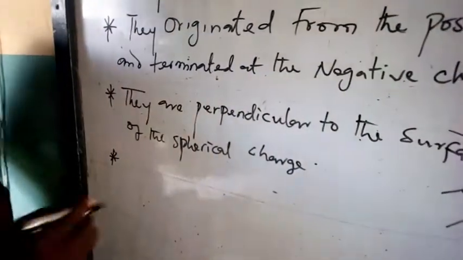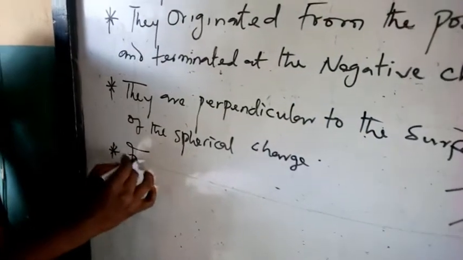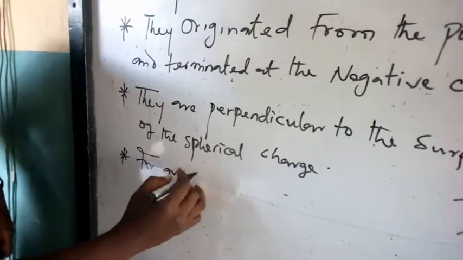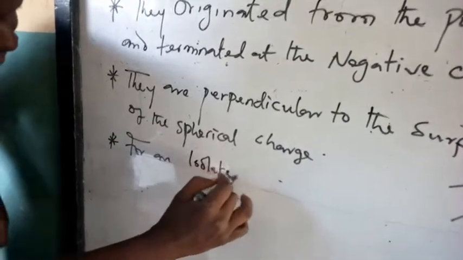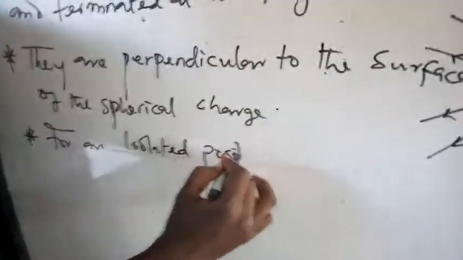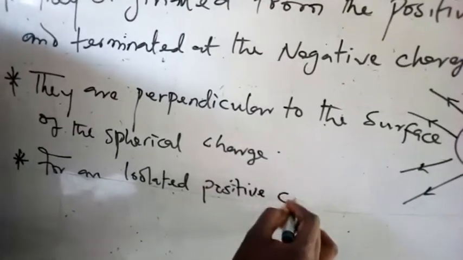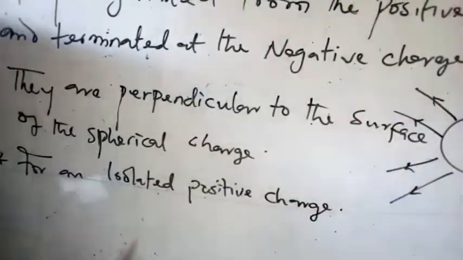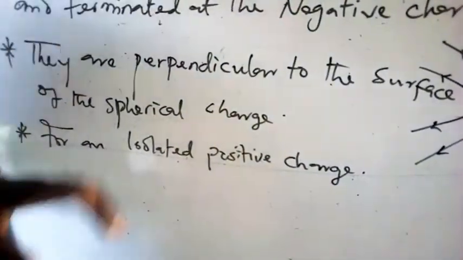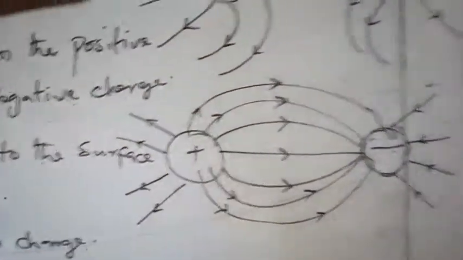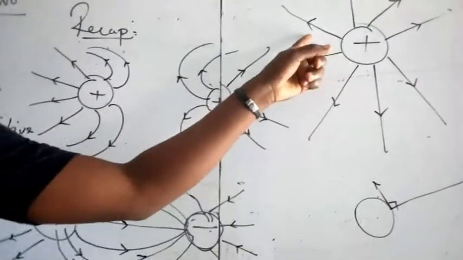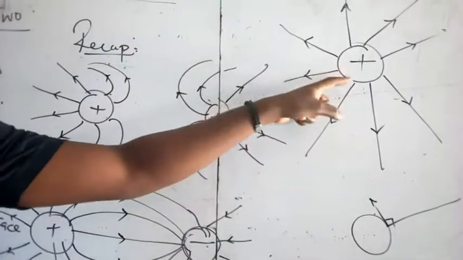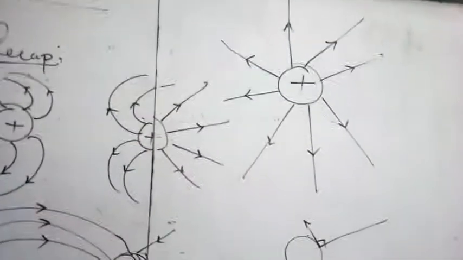Now, for an isolated positive charge, what happens? You can see it's giving out. Meaning the electric field lines move from an isolated positive charge to infinity. It gives out.